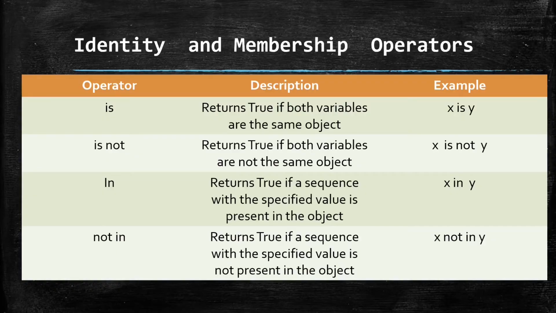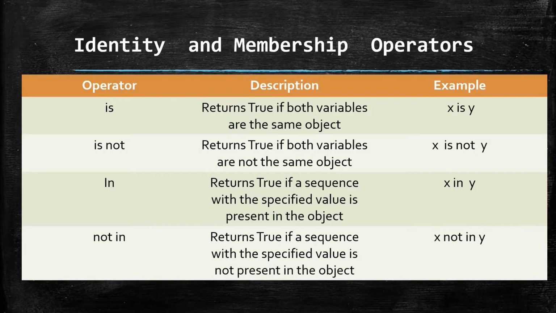Let us see membership operators. What are membership operators? They are also special operators in Python. Both operators, in and not in, return a boolean value. For example, we need to check whether a specific value is in a list or not.